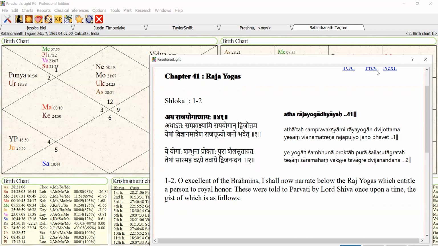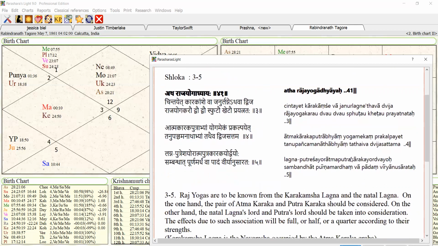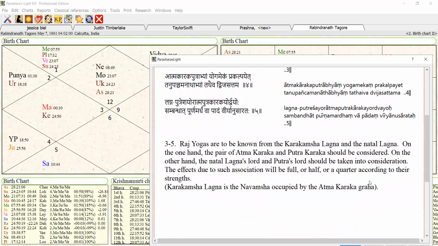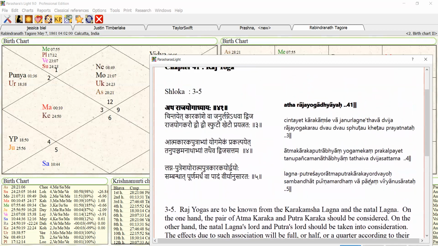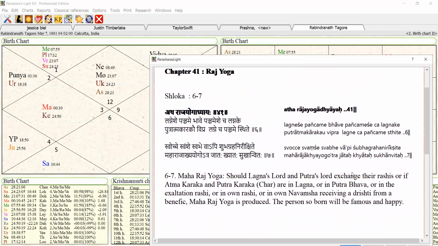So this is the chapter on the Raja Yogas. And how does it begin? It tells you that they can be calculated from here to here. What is the first yoga? For the first yoga, we need to go to Shloka 6: the Lagna Lord and the Putra Lord, Putra being the fifth house, exchange Rashis.